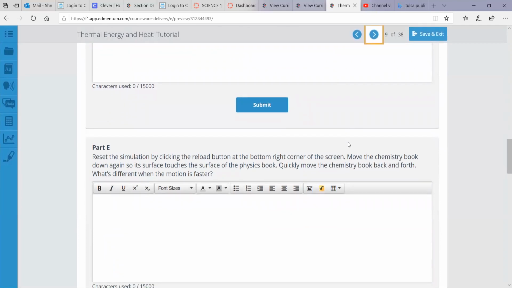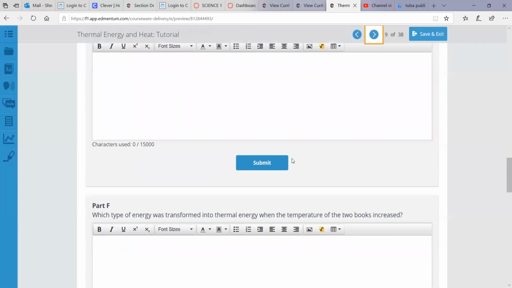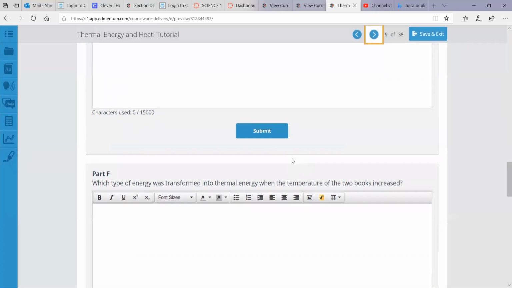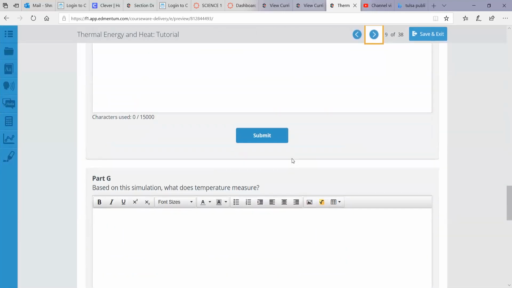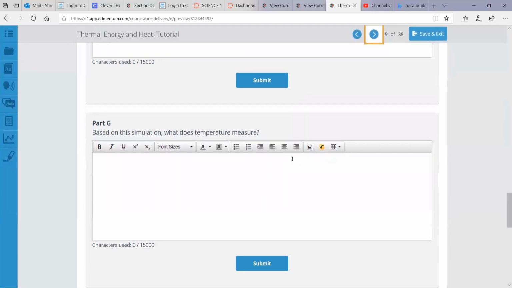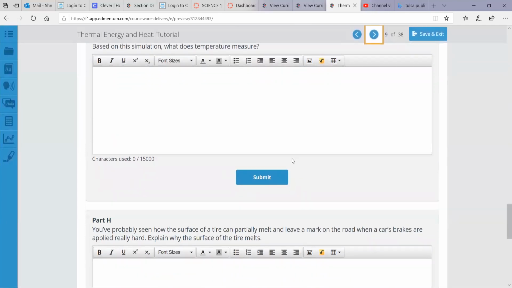Click the reload button. Move the chemistry book down again so its surface touches the surface of the physics book. Quickly move the chemistry book back and forth. What's different when the motion is faster? Which type of energy was transformed into thermal energy when the temperature of the two books increased? What does temperature measure based on this simulation?